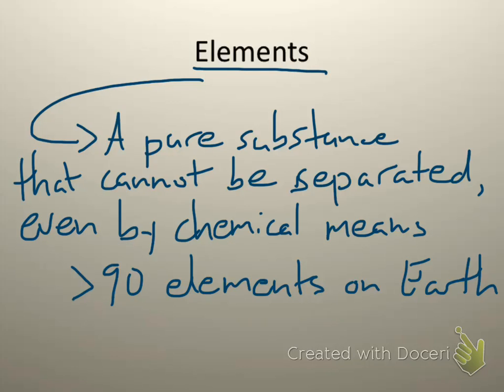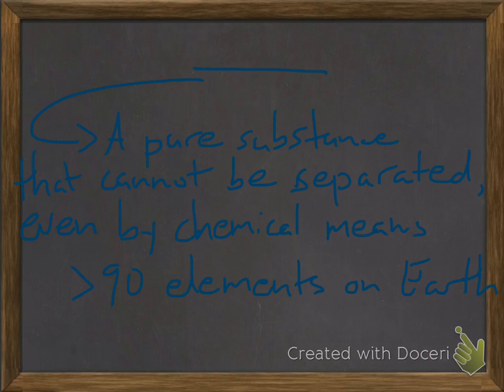Copper, gold, silver. Now, just to be clear, if it's on the periodic table, if it's a box here, those are examples. The definition was a pure substance that cannot be separated even by chemical means.